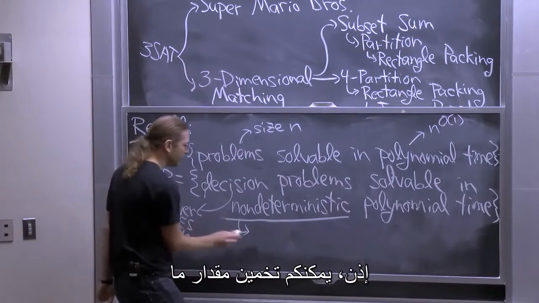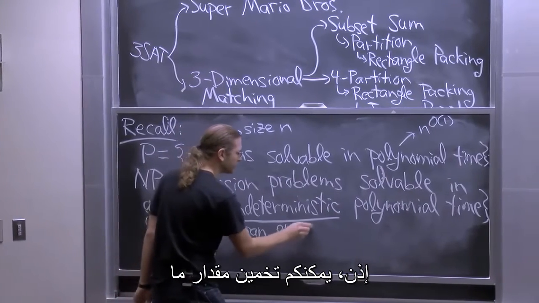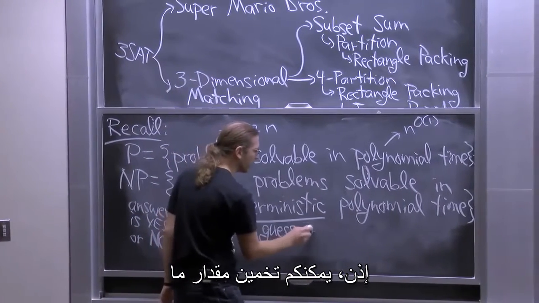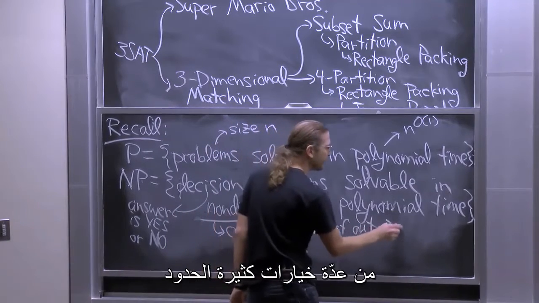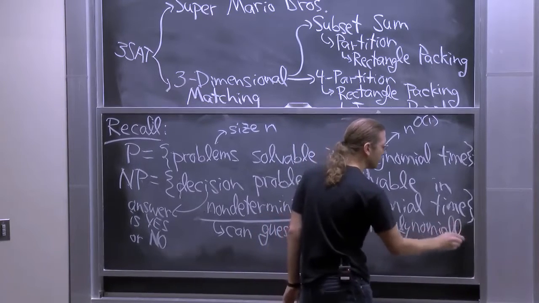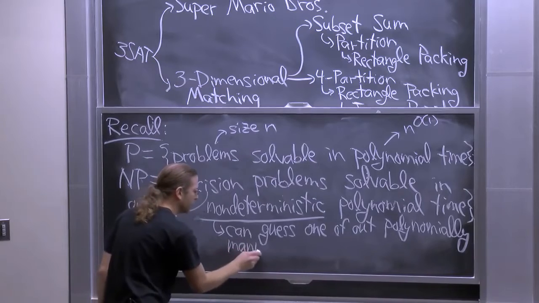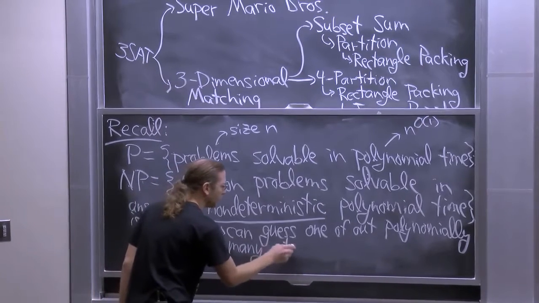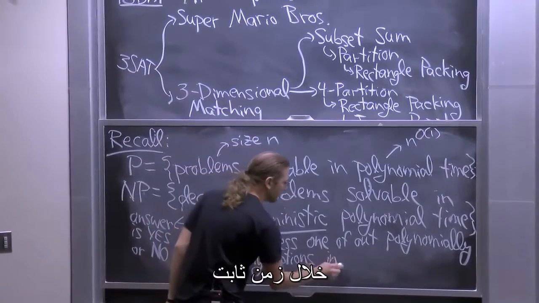So you can guess one out of polynomially many options in constant time.